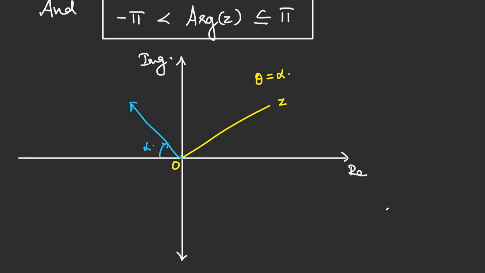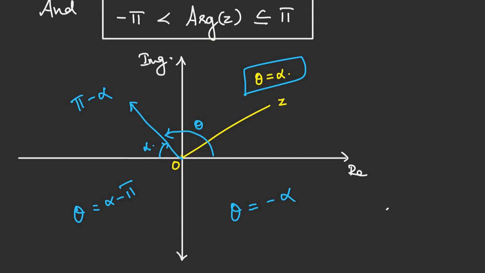Then the argument theta, with the positive side of the x-axis, will be equal to pi minus alpha. So second quadrant it is pi minus alpha. Third quadrant it is theta is equal to alpha minus pi, and the fourth quadrant theta will be equal to minus alpha. Let us see an example for this.